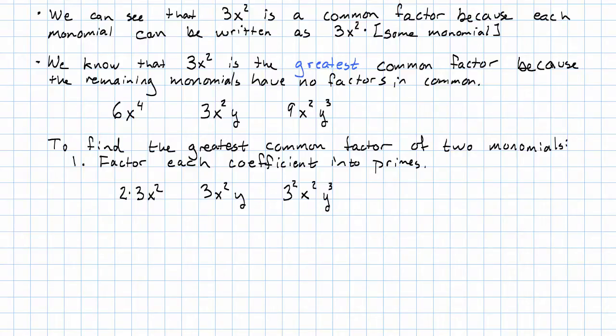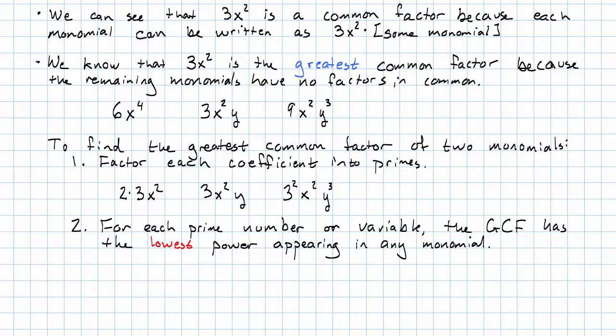Here's what it's going to be. For each prime number or variable, the greatest common factor has the lowest power appearing in any of our monomials. So what do I mean by that? Okay, so 2 appears in my first monomial, but nowhere else. If something doesn't appear, it has the 0th power. So in my greatest common factor, I'll have 2 to the 0.